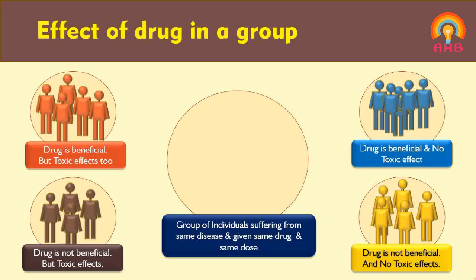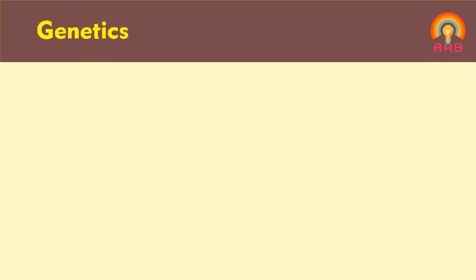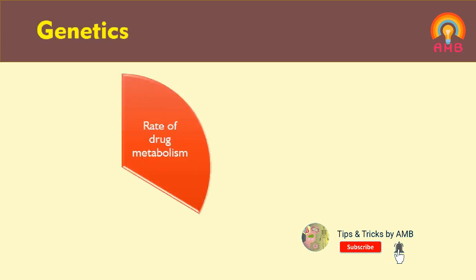Now the question arises, why is there this difference in the action of the drug or the dose of the drug? The answer to this question is nothing but our next factor, that is genetics. This difference is mainly because of genetic variation in the individuals. The rate of drug metabolism is dependent upon the drug metabolizing enzymes present in the person.